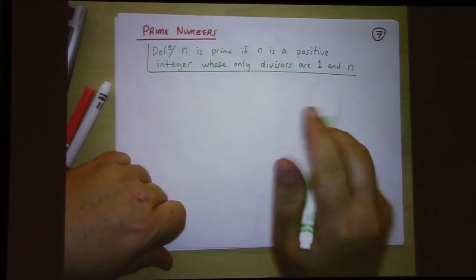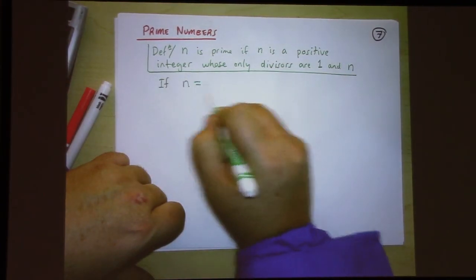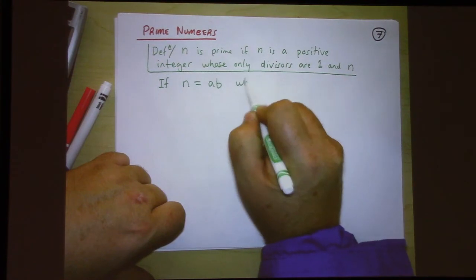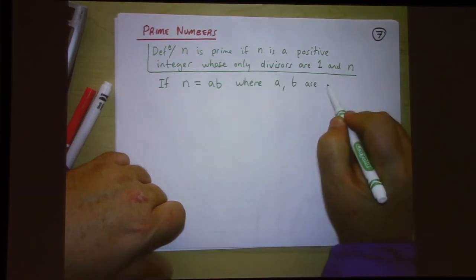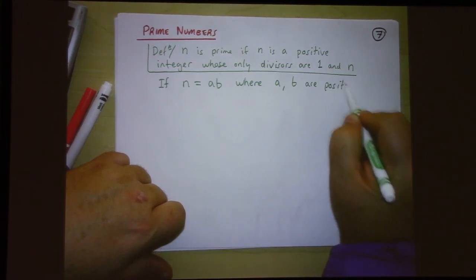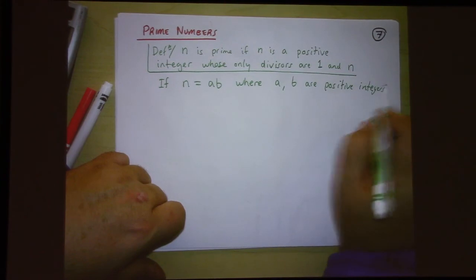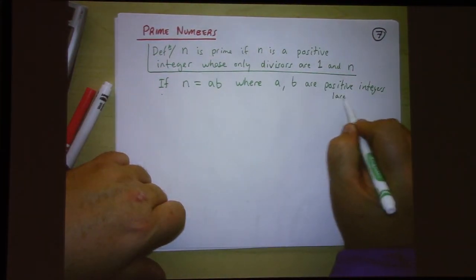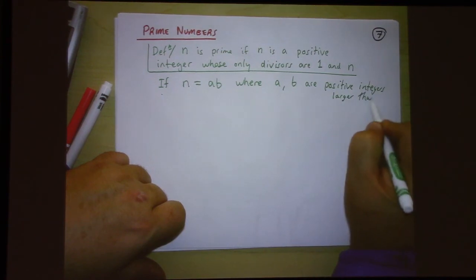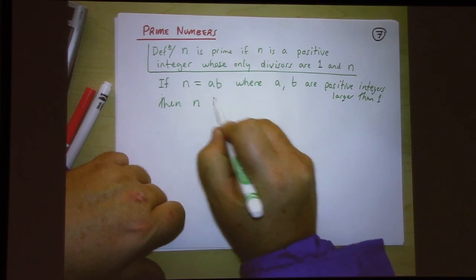What do we mean by a divisor? If n is equal to ab, where a and b are positive integers larger than 1, then n is composite.